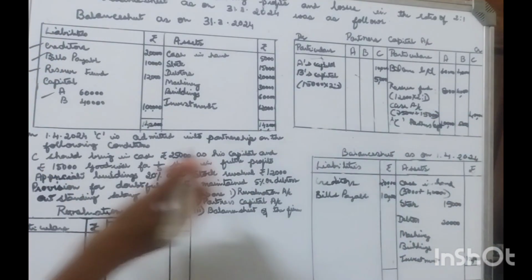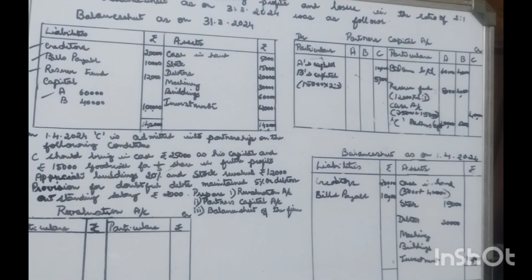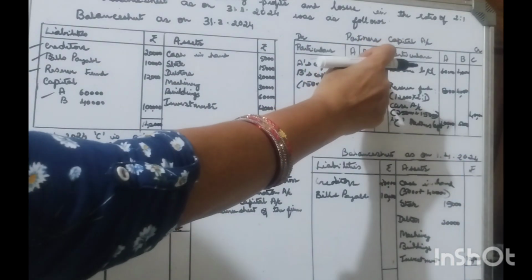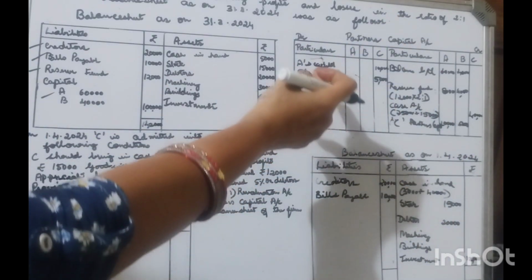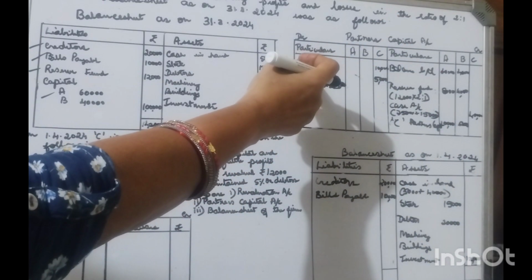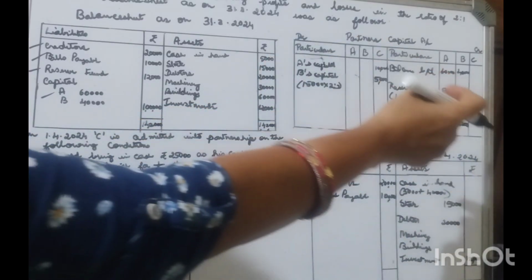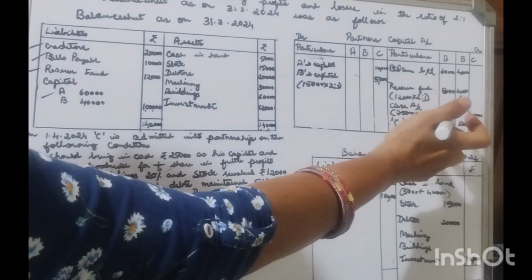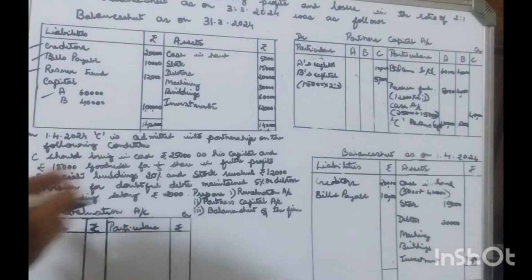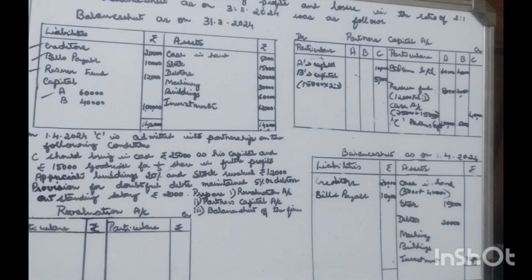C's capital account. So this is the entry. New partner's capital account debtor to old partners capital account. Old partners capital account is credited with new partner's capital account, C's capital account. So this is the entry that has to be made.